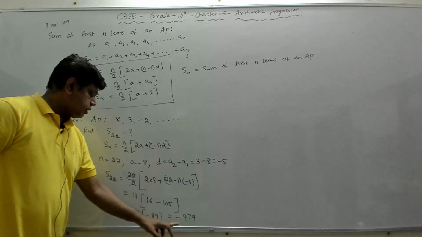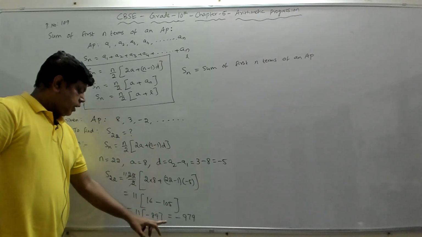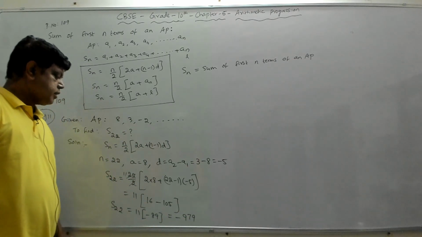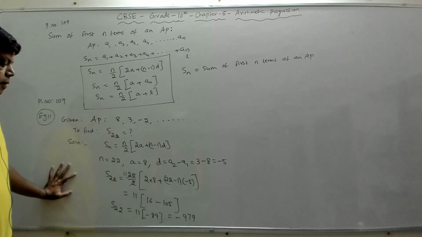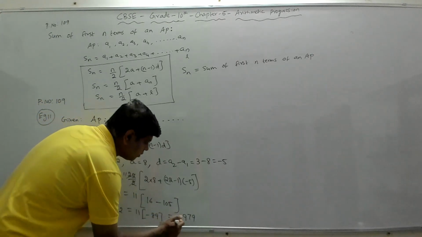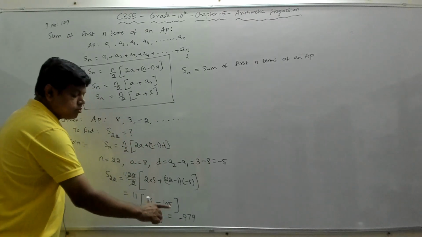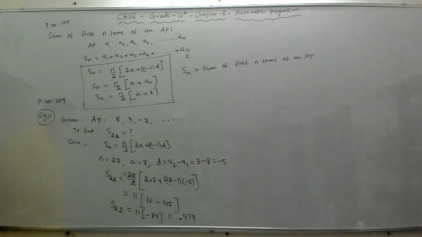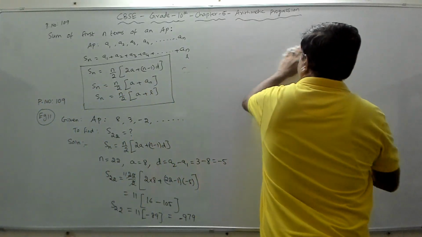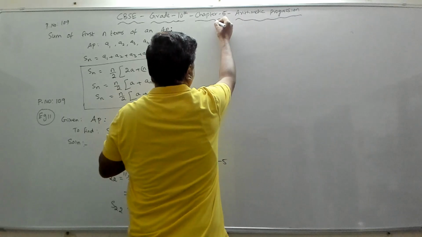11 nines are 99, 9 carry 9. 11 eights are 88, 88 plus 9 is 97. So minus 979. That is the sum of first 22 terms of an AP. Let me erase this also and draw a line here.